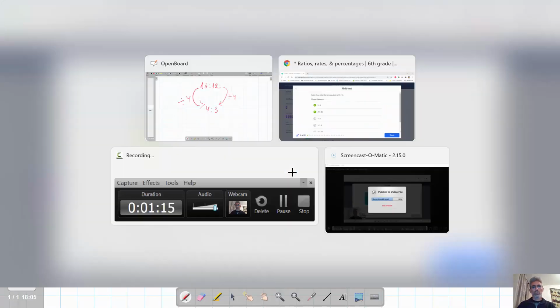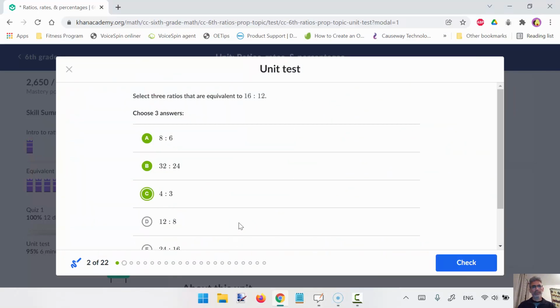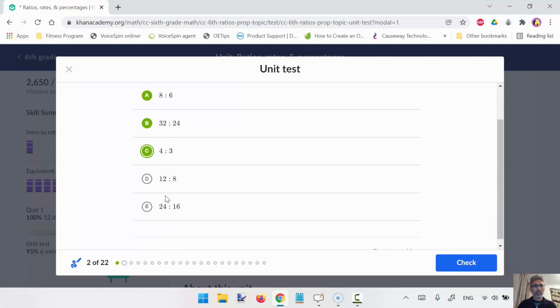So 4 to 3 is also good. And we have completed this question because we have selected 3 answers.